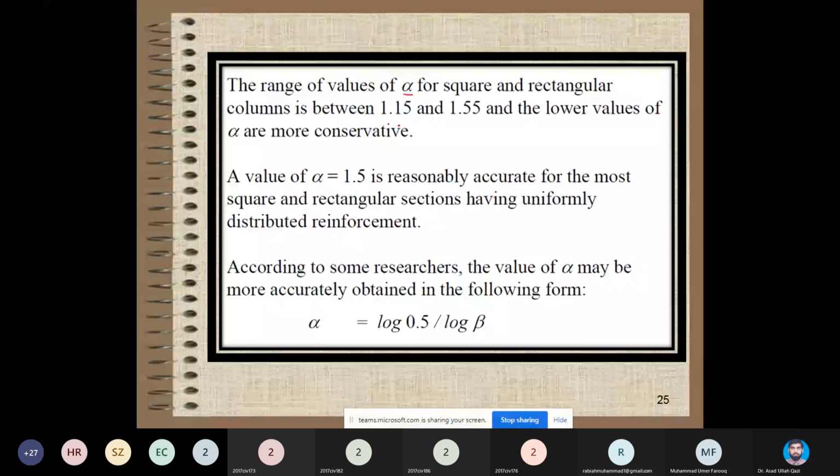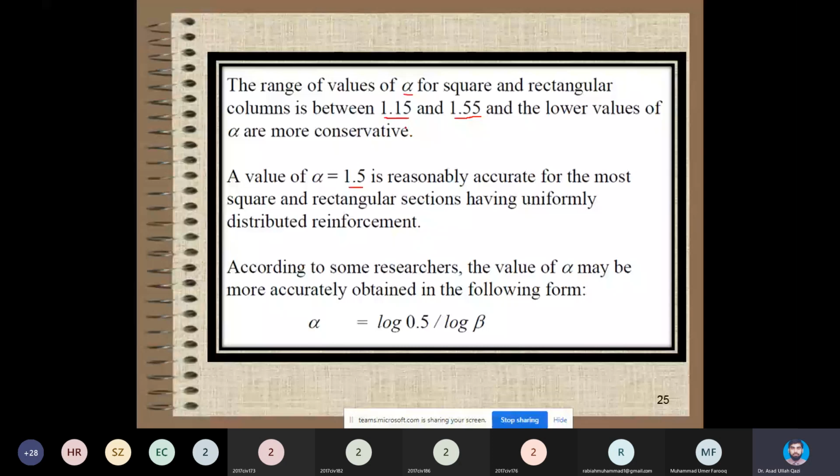As I said, the edge of that curve will become linear. And a value of alpha 1.5 is reasonably accurate for most square and rectangular sections having uniformly distributed reinforcement. So there are suggestions here for your help: if you want to select alpha and you want to be safe, the first suggestion is to select a lower alpha.